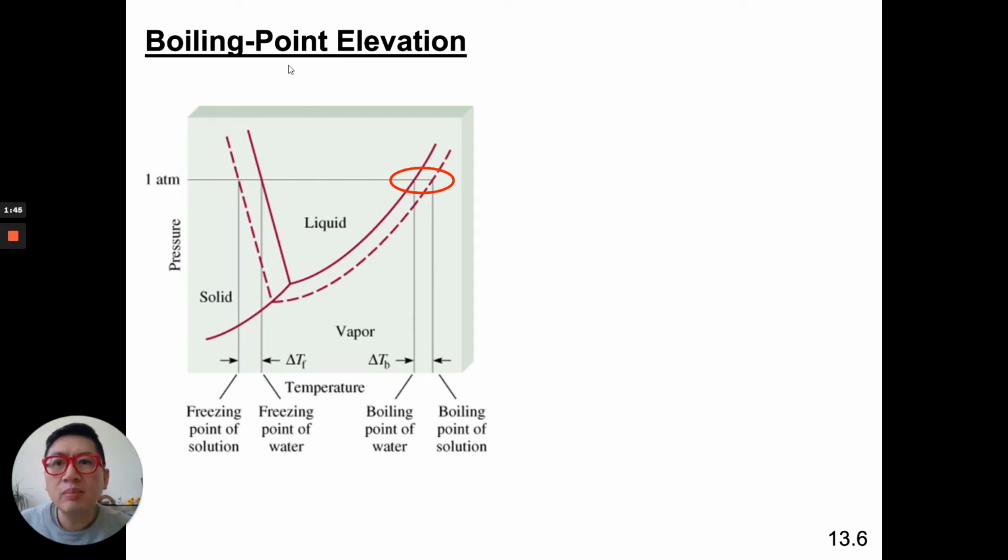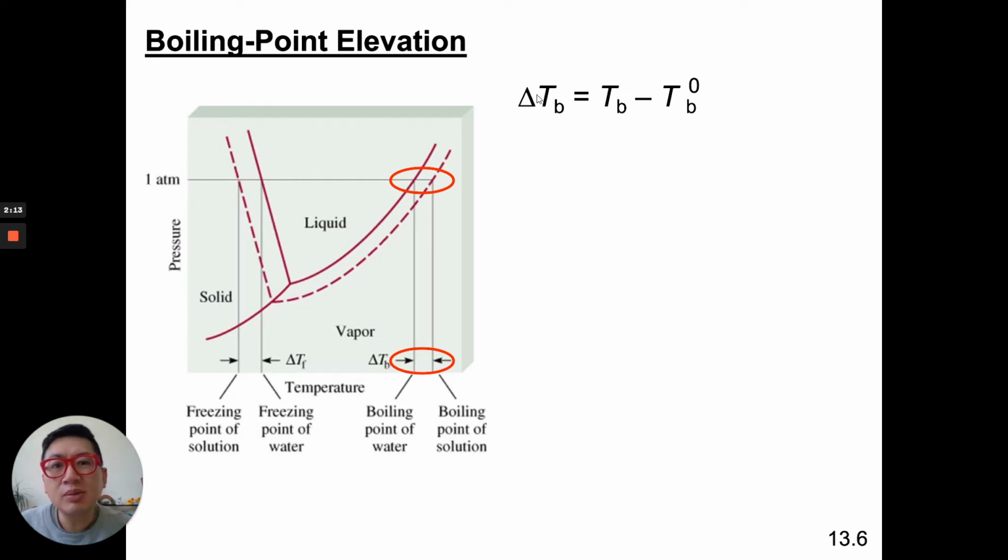It's called boiling point elevation, that when you dissolve something in water, whether you dissolve sugar in water, by the way, we're assuming it dissolves, whether you put sugar in water, salt in water, anything dissolved in water, the boiling temperature of that solution will increase. So the boiling temperature of the solution is always going to be higher than the boiling temperature of the pure water.